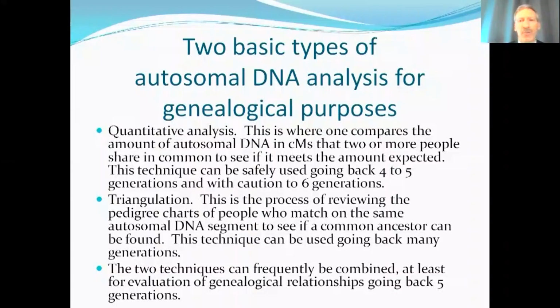You're trying to see if it meets a certain specific expected amount. And this particular technique can definitely be used back 4 to 5 generations and possibly back to 6 generations. What you're doing is you're looking to see if the average amount of shared DNA among the people you're comparing is approximately the same amount that you would expect from some of the averages in the previous slides.